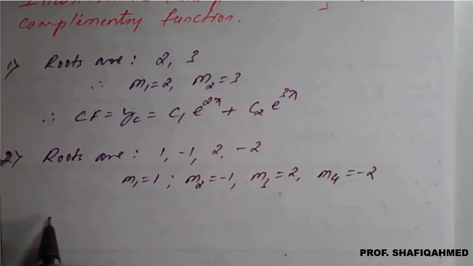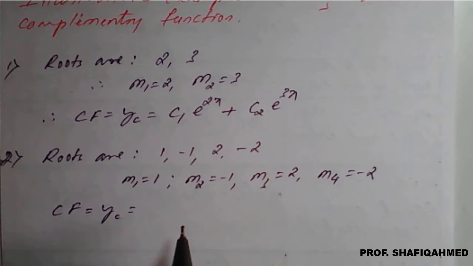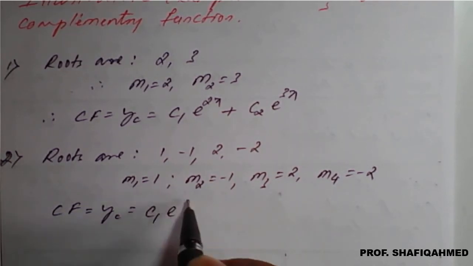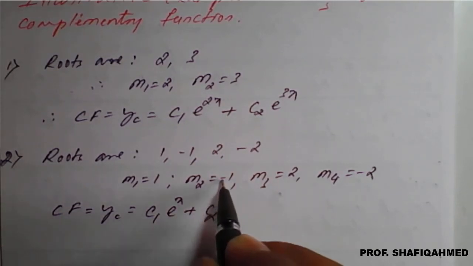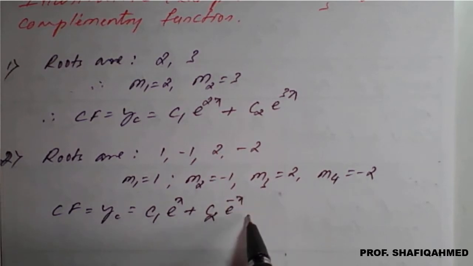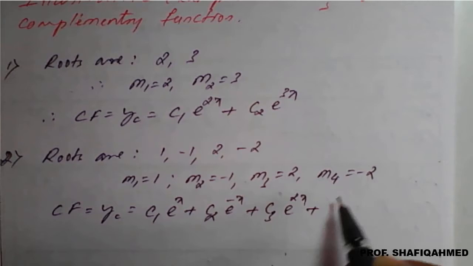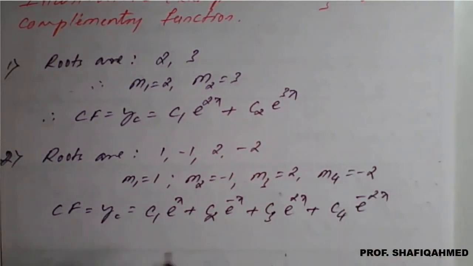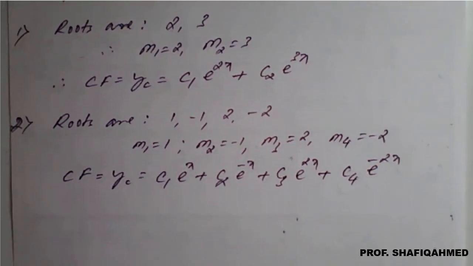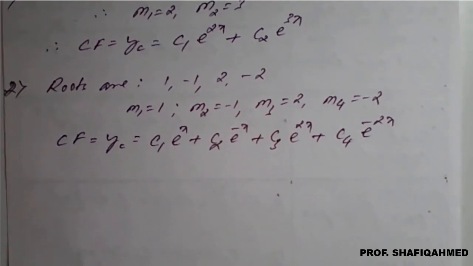So the complementary function, that is yc, is nothing but, here we are going to write 4 roots: c1 e raised to 1 into x, that is e^x, plus c2 e raised to minus 1 into x, that is e^(-x), plus c3 e raised to 2x plus c4 e raised to minus 2x. So this is the complementary function for the given roots 1, minus 1, 2 and minus 2.